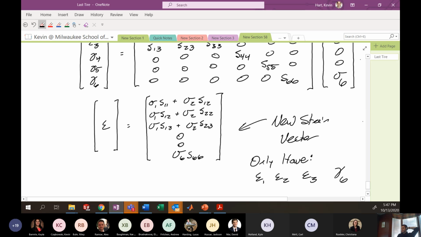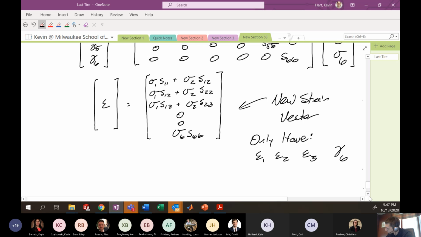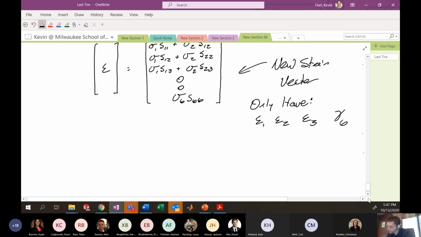So if we're in plane stress conditions, we only have sigma 1, sigma 2, sigma 6, and we have epsilon 1, epsilon 2, epsilon 3, and gamma 6. So now this is just 4 independent equations.